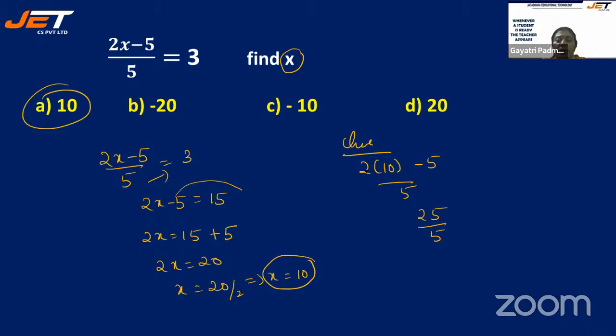So 10 twos are 20 minus 5 is 15 by 5, whereby 15 by 5 is equal to 3. Therefore, 3 is equal to 3. Therefore, your option 10 is correct.